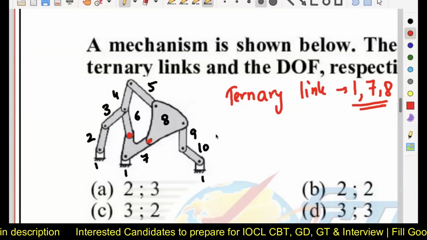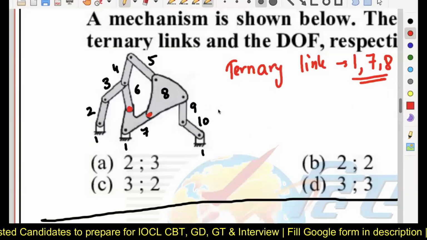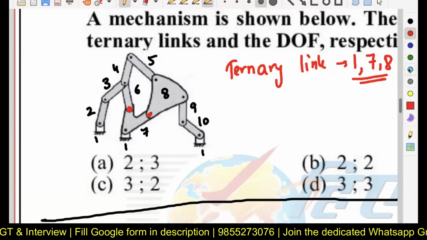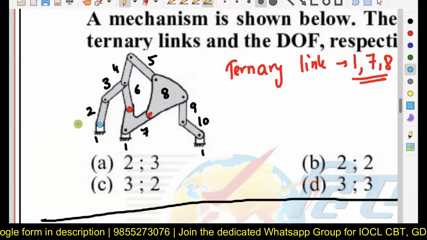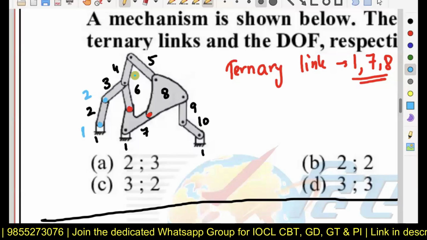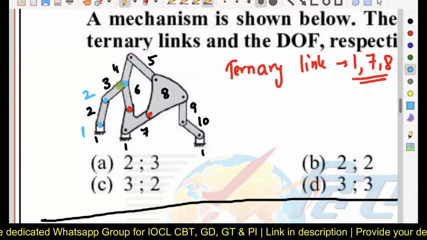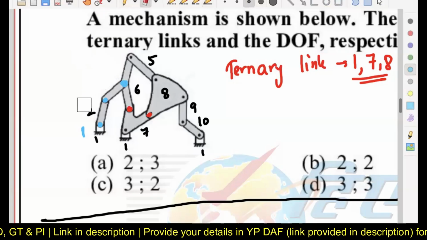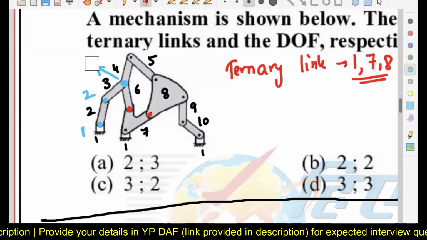We also have to calculate the degree of freedom. So we have to know how many joints are there. Let us calculate the joints also. Here we have the first joint, here the second. This third joint is a ternary joint. Let me write it down this way.